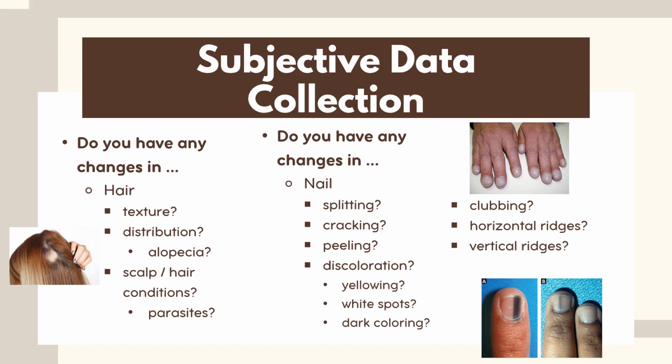Now, what about if they have pale or cyanotic appearing nails? Cyanotic is a blue purpley tint that may indicate anemia or hypoxia, so a decrease in oxygenation. A yellowing discoloration, possible fungal infection or psoriasis, nail pitting, nail clubbing. Nail pitting is typically with psoriasis.